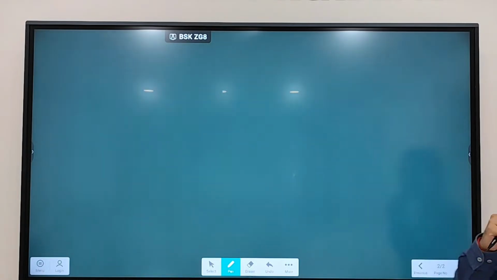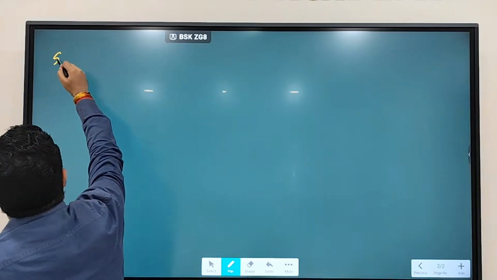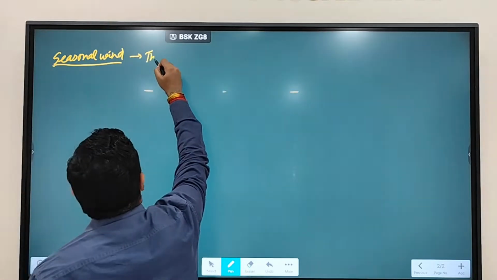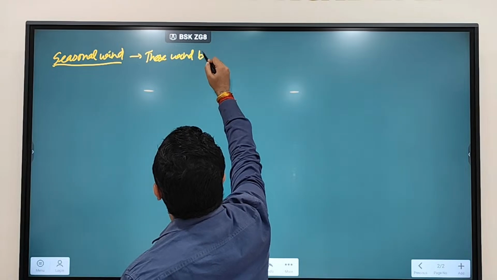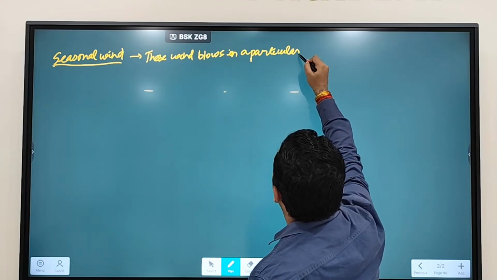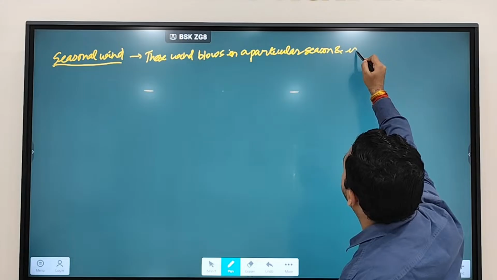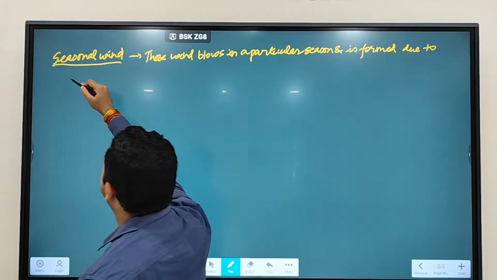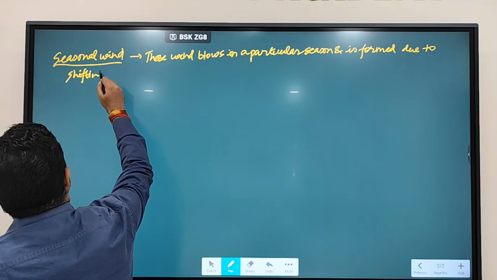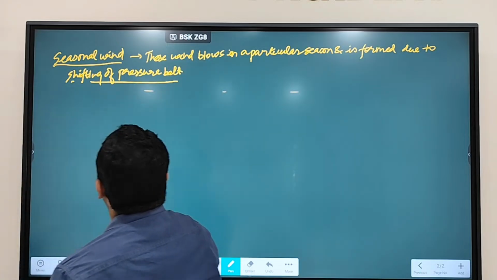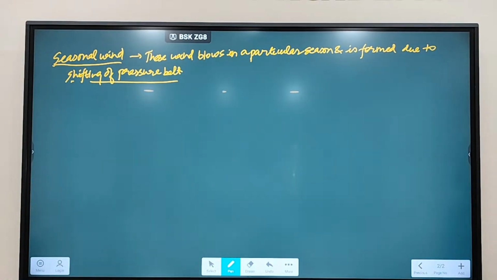Clear? So what is a seasonal wind? Basically, seasonal winds blow in a particular season and are formed due to shifting of pressure belt.